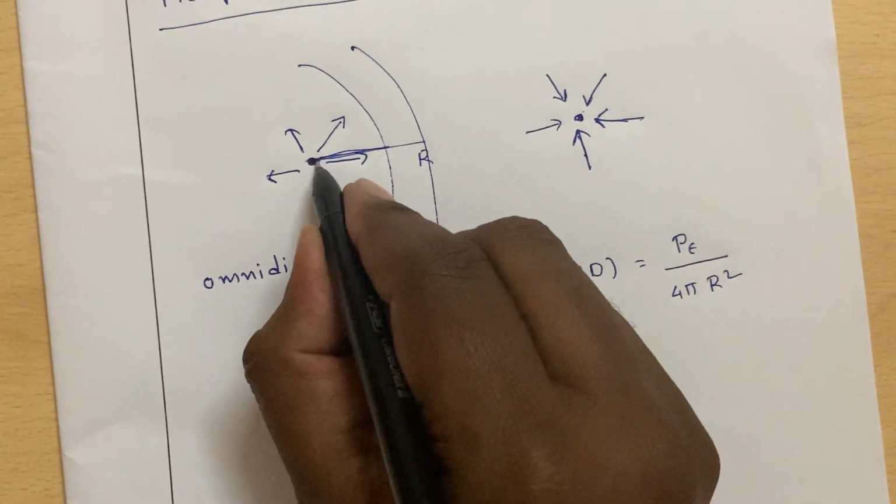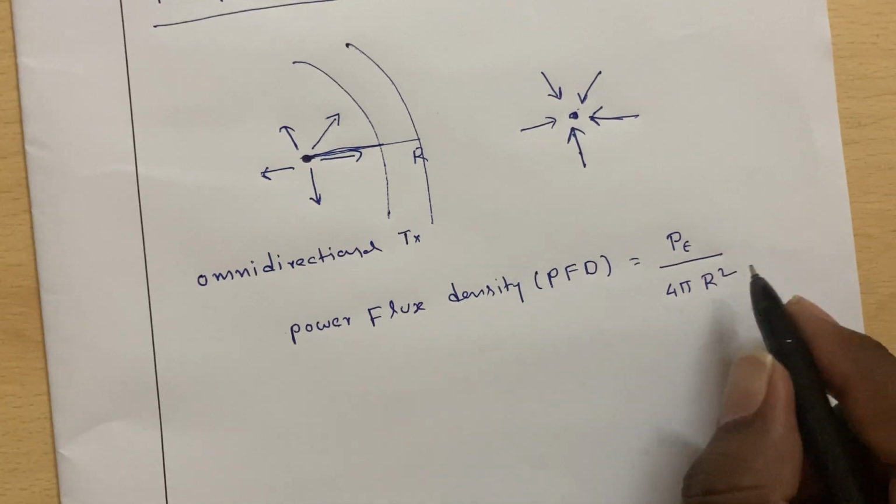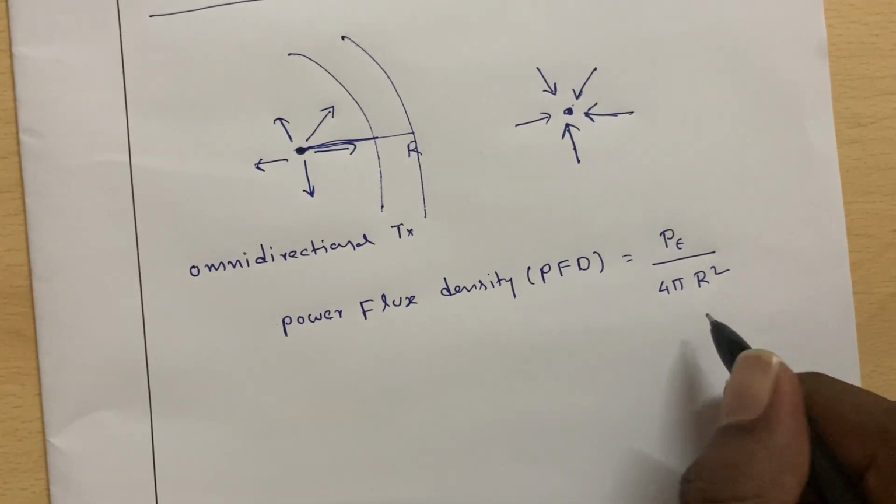At this distance r, the power flux density will be PT by 4 pi r square.